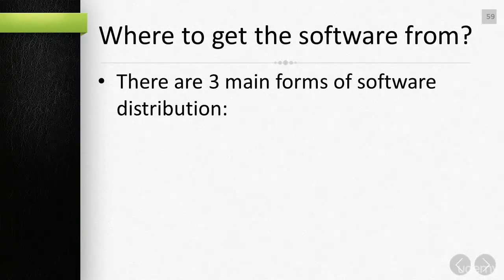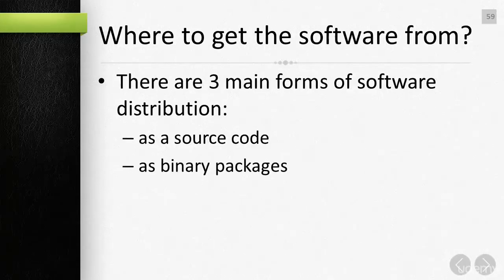In Linux, we have three main forms of software distribution. The source code is one of the most basic ones. The second type consists of different kinds of binary packages, such as EXE and MSI installers in Windows. In Linux, such installers are used as well.